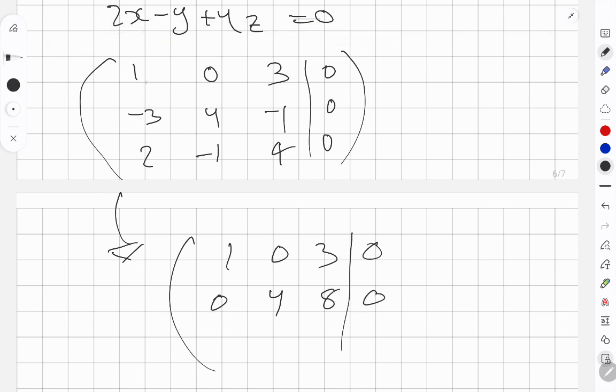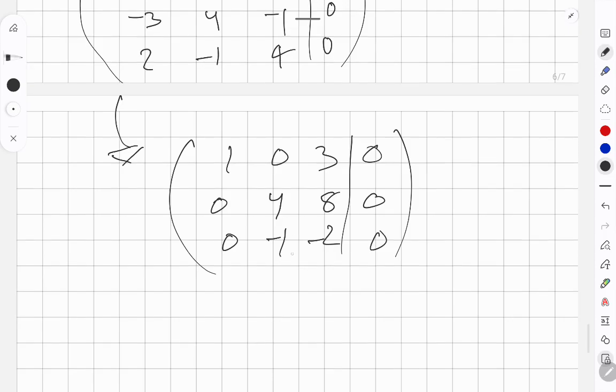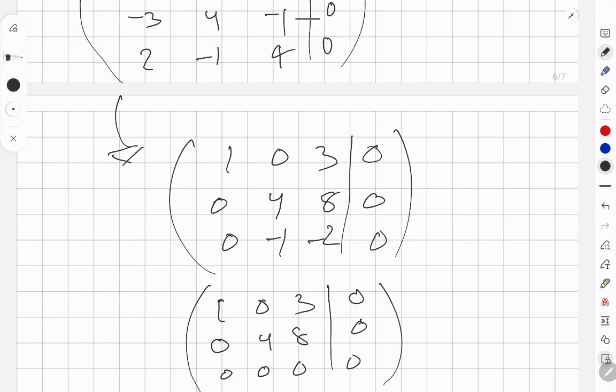Then if you multiply by negative 2 and add it over here: 0, negative 1, and multiplying negative 2 gives negative 6, negative 2, right? Yes. And then we can also just divide this by 4 for simplicity.